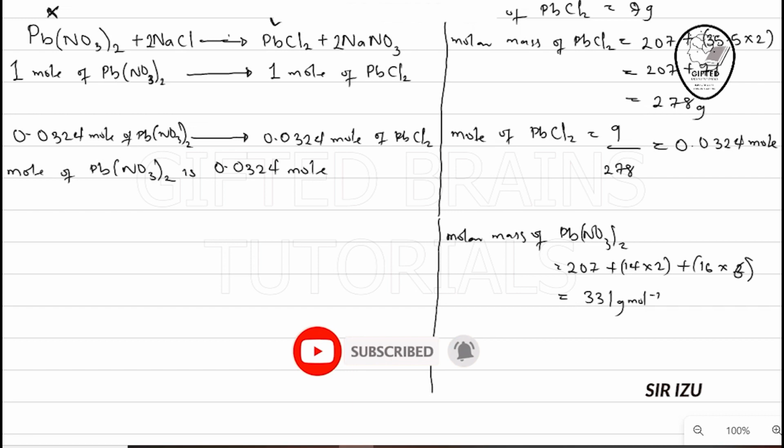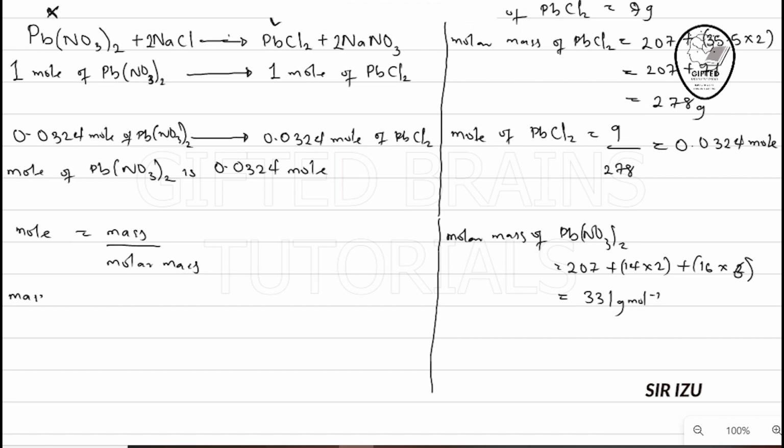So I'm asked to get the mass of lead(II) nitrate. I can say that mole, as usual, is mass all over molar mass. And now the mass is simply the mole times the molar mass.